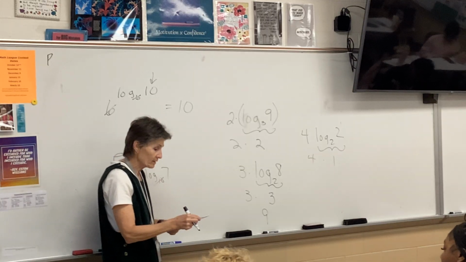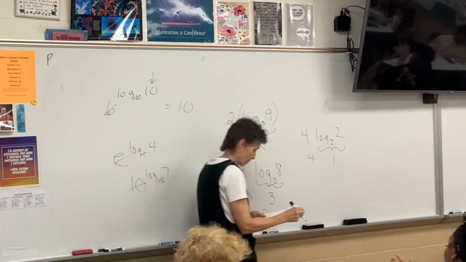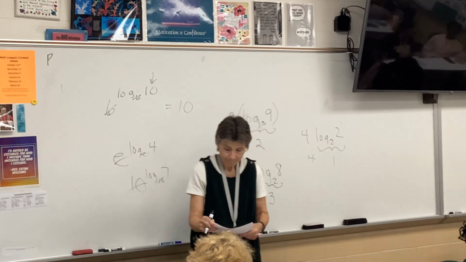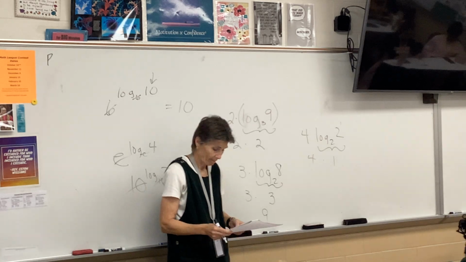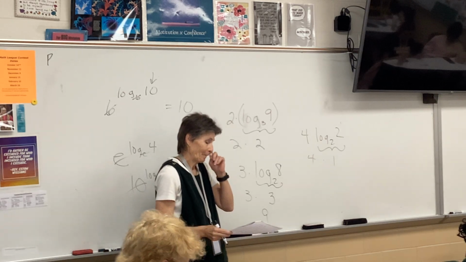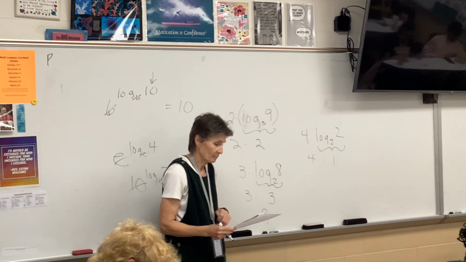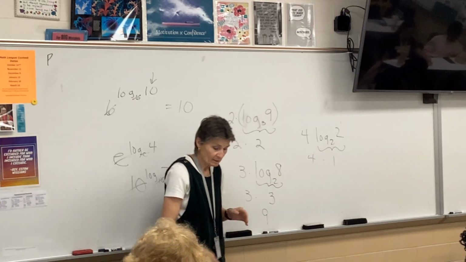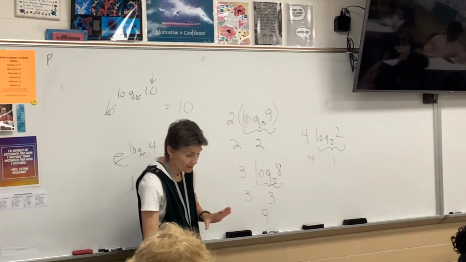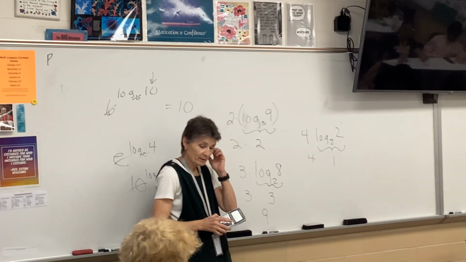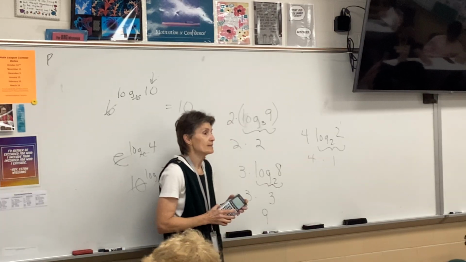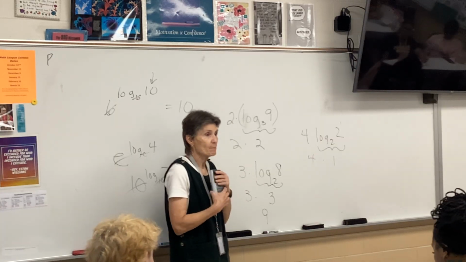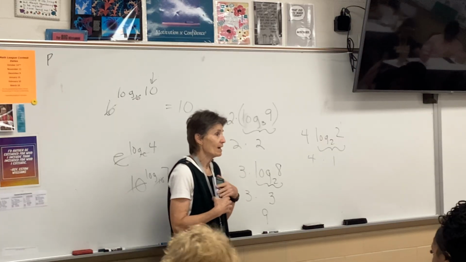All right, let's get our calculators out. In problem number 2 here, it says evaluate with the calculator, round to the 10,000. So we're just typing in. What does 10,000 mean?